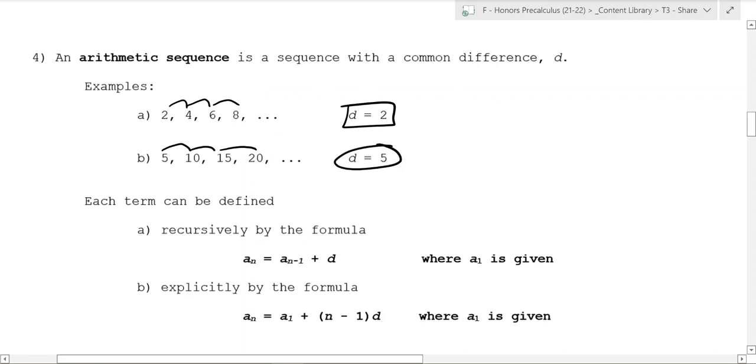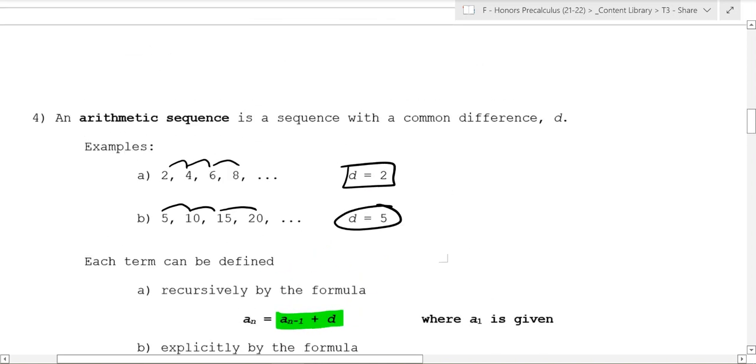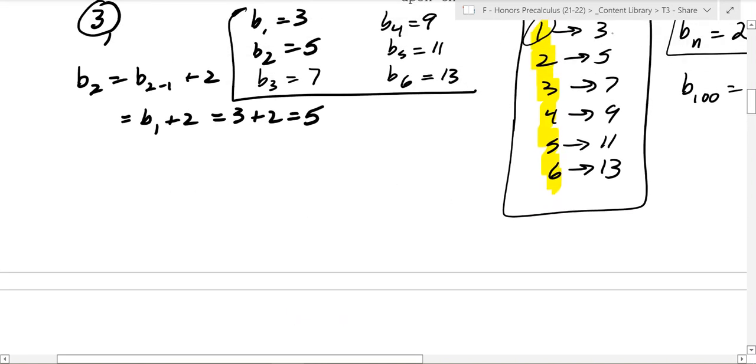Each term can be defined recursively by the formula, the last term plus the difference, or explicitly by the first term plus n minus 1 times the difference. So the first term on the last one was 3. And then if you go back and look here, what was the common difference? The common difference was 2 right there.